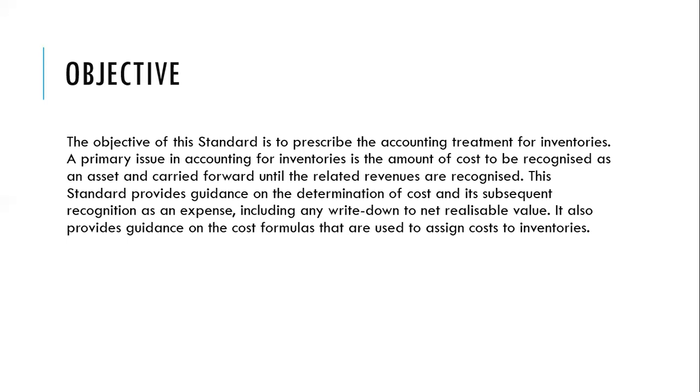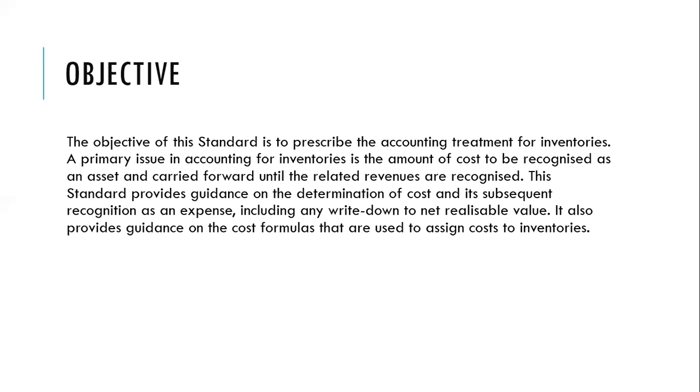It also provides guidance on the cost formulas that are used to assign cost to inventories. I remember, like I said before, when I was writing ICAN examinations, we learned how to use first in, first out, last in, first out, LIFO, weighted average method, and so on.